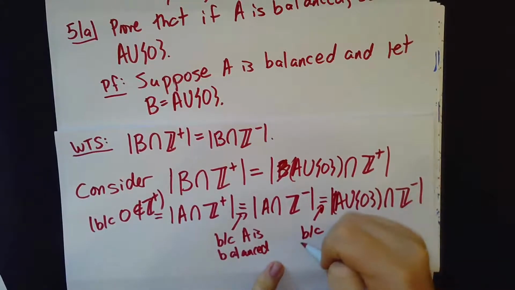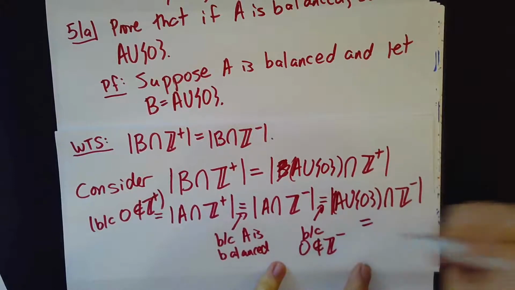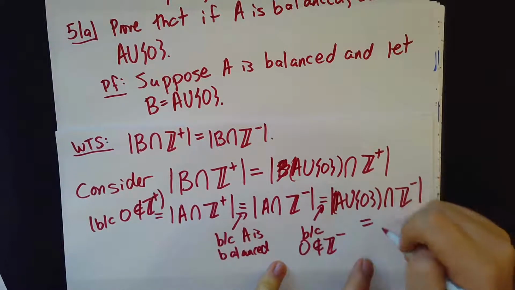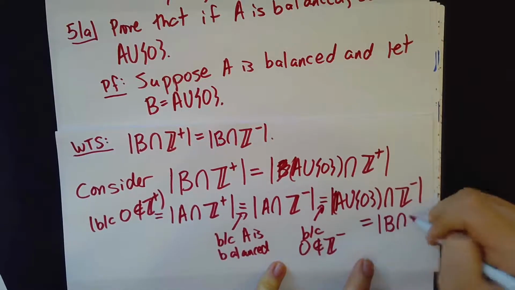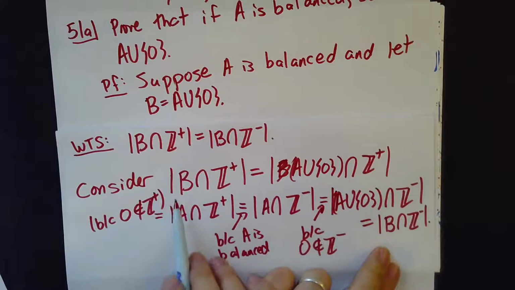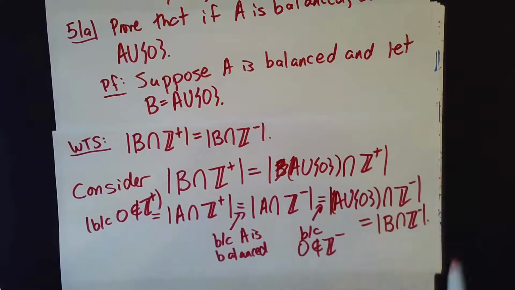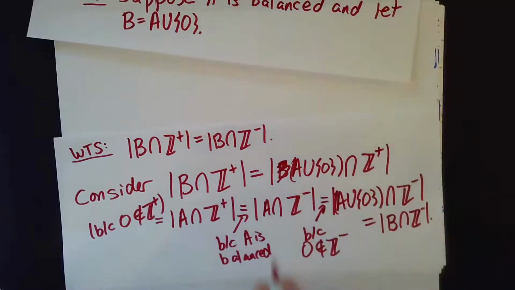This is because 0 is not in Z minus. And now by definition, this is the size of B intersect Z minus. And so what have we shown? We've shown the size of B intersect Z plus is the same as the size of B intersect Z minus. And so therefore we've shown that B is balanced, which is what we wanted.